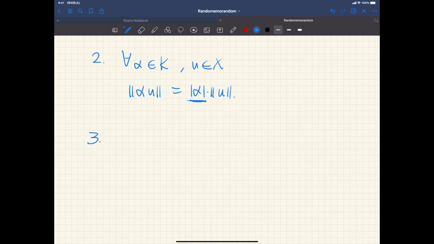Anyway, and the third condition: for all vectors u and v in X, we have this triangle inequality, the norm of u plus v is less than or equal to the sum of their norms. Okay, so I think you are already familiar with this norm. In fact, in vector spaces, this is usually called the length or magnitude or modulus of a vector. So it's actually a norm.